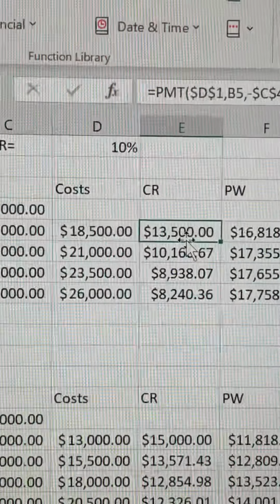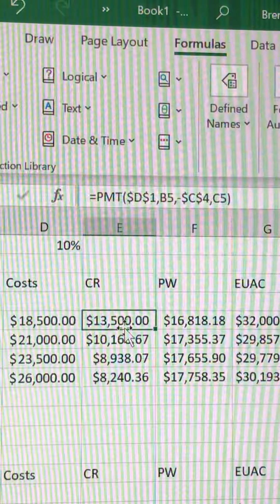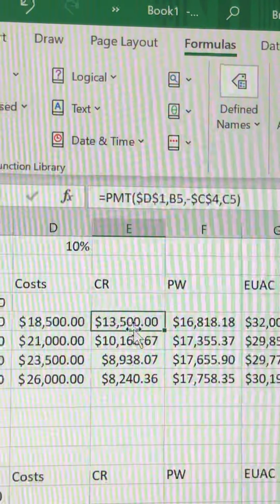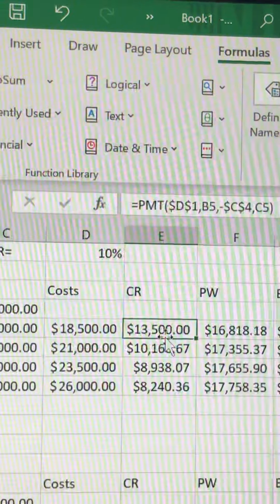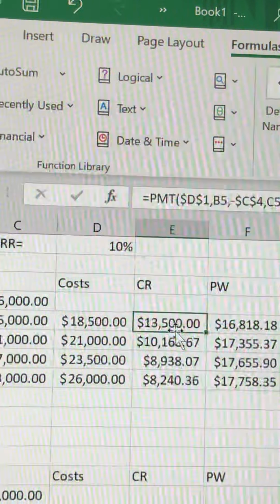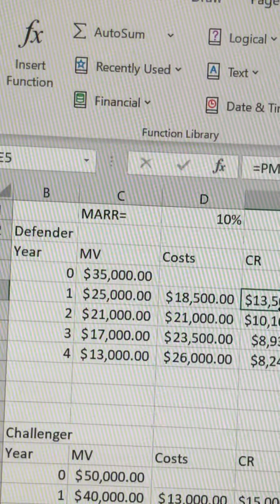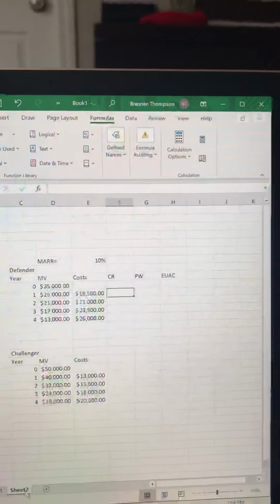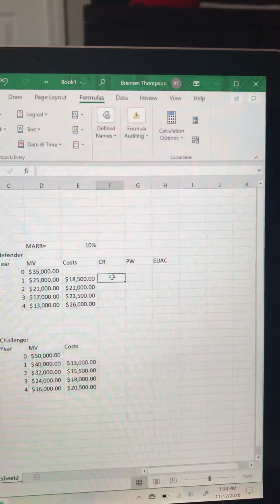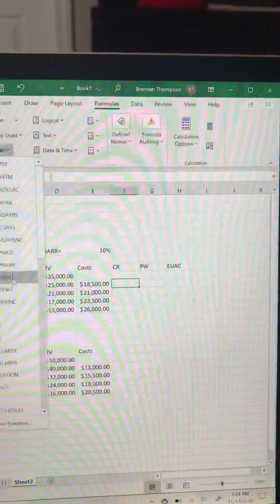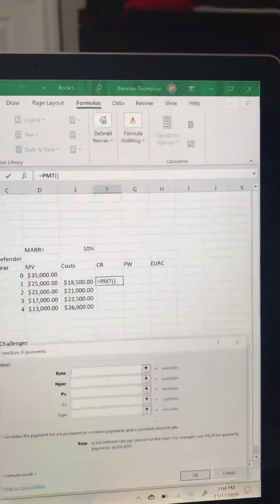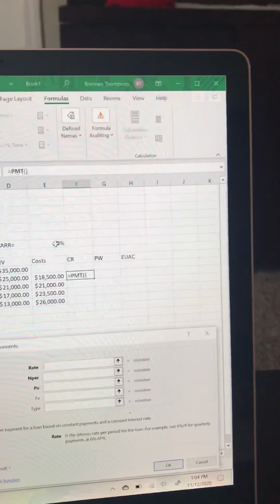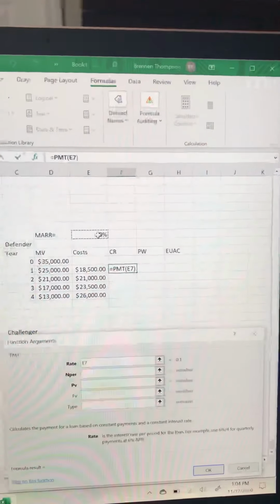For capital recovery, we're going to use the PMT function. Like I said, use the PMT function, financial. Your rate is going to be the MAR that you're given.